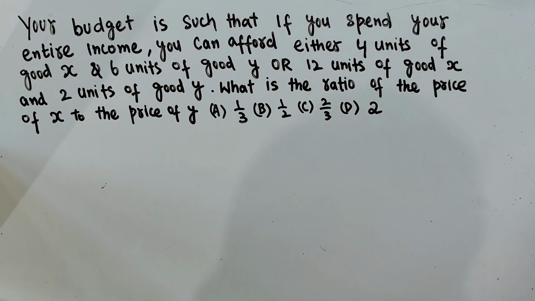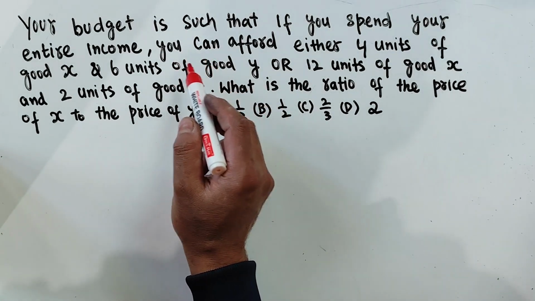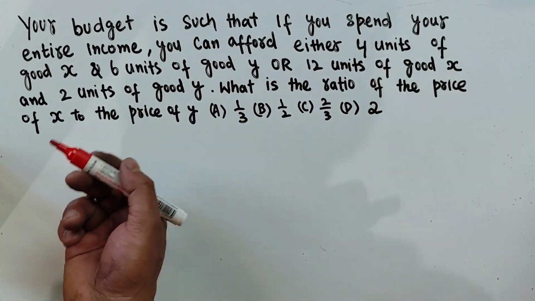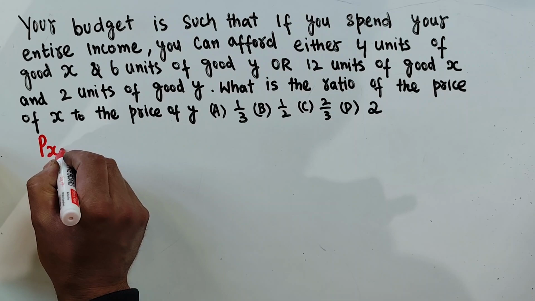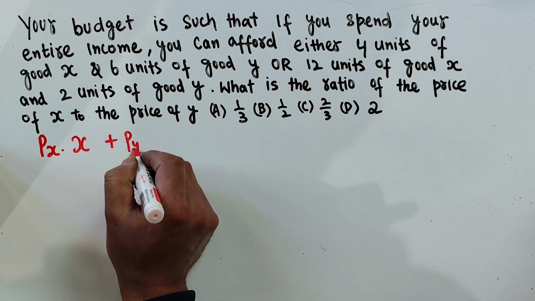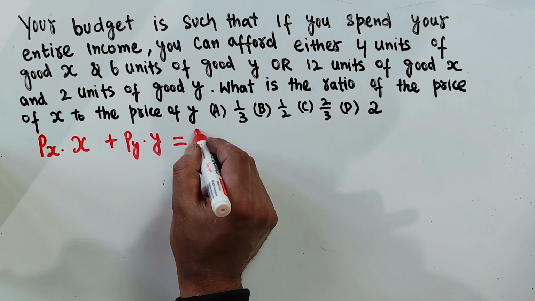Okay, so what are we being given? We are being given income here and also two goods. Let's first write the budget constraint, that is price of X times units of X plus price of Y times units of Y should be equal to income.